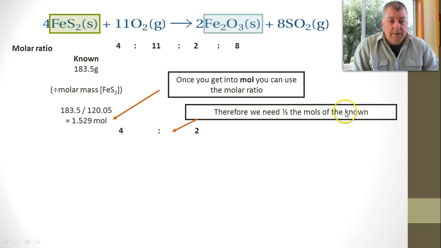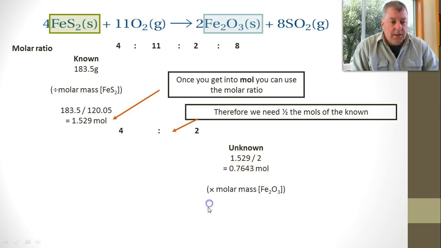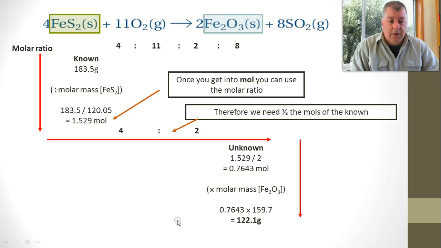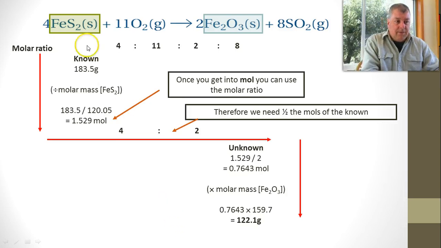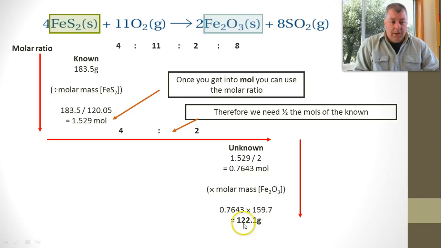Therefore, you need half the moles of the known. So for your unknown, half of that, you get that value there, and that's multiplied by the molar mass for iron(III) oxide. Therefore you do that step there and you get the answer, and these little arrows guide you through the process from known to unknown.